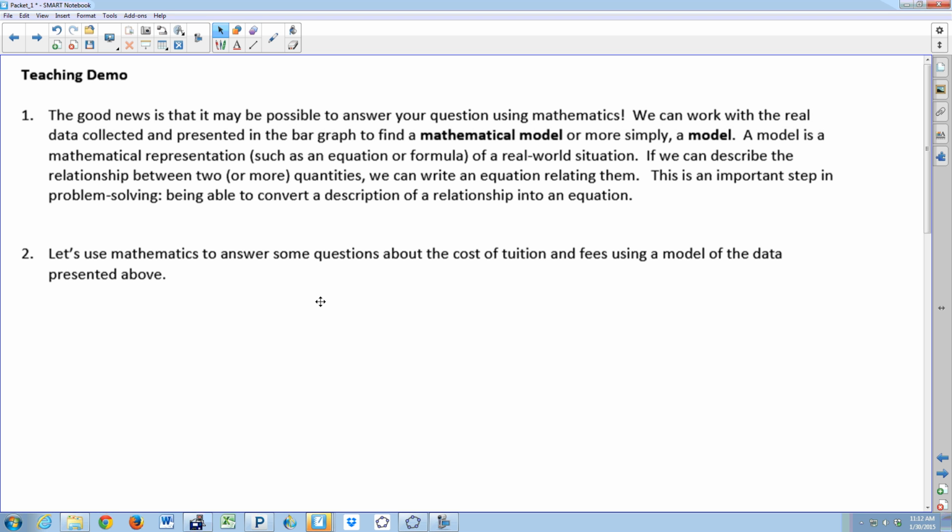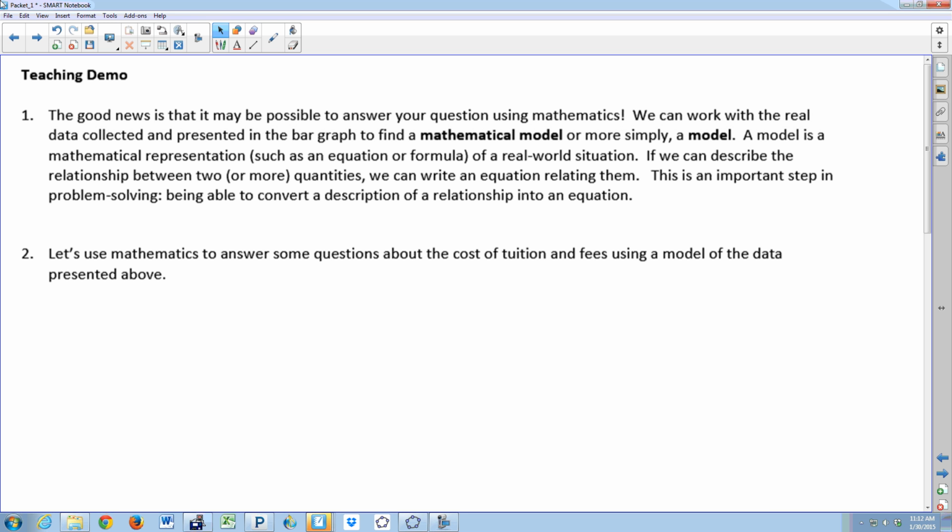So what kind of relationship are we looking at here in our bar graph, between what two quantities? The cost of tuition and fees over time, right? We want to see if there is any way we can describe or find some kind of equality between those two things. Find a mathematical equation that says this is what tuition will be given this particular time period.